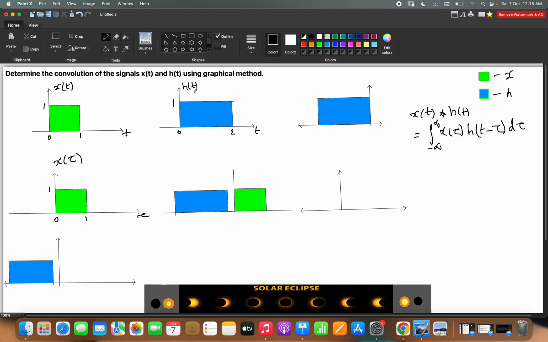So h of tau is same form, only the variable changes. So I am directly applying the time reversal operation and I am just finding the h of minus tau. So h of minus tau is nothing but the mirror image of h of tau, or here in this case h of t. So this is the h of minus tau.